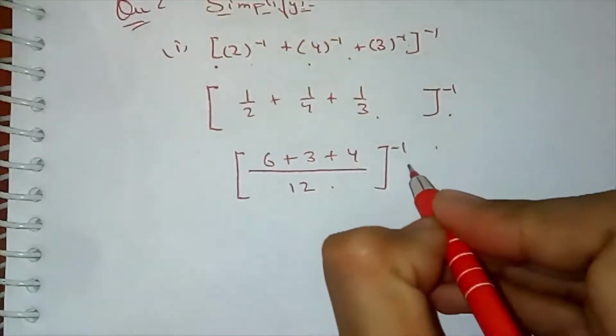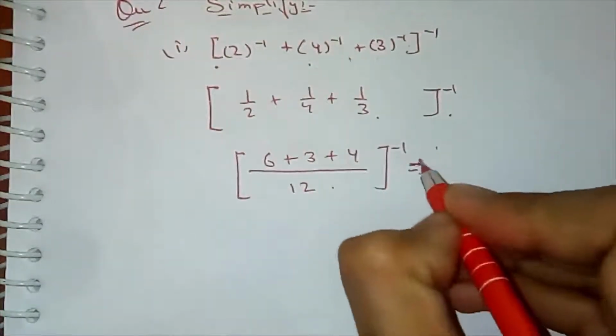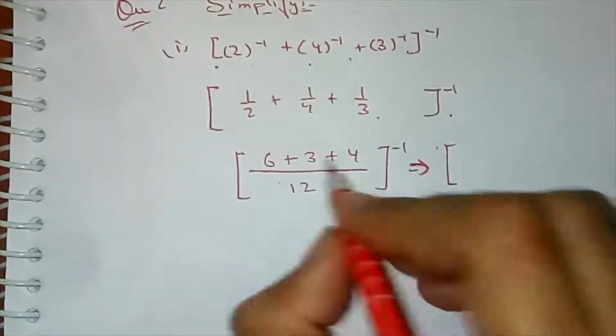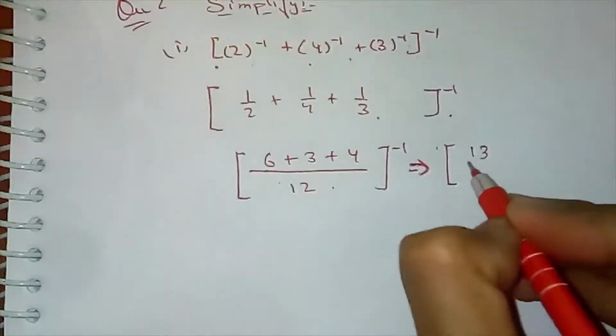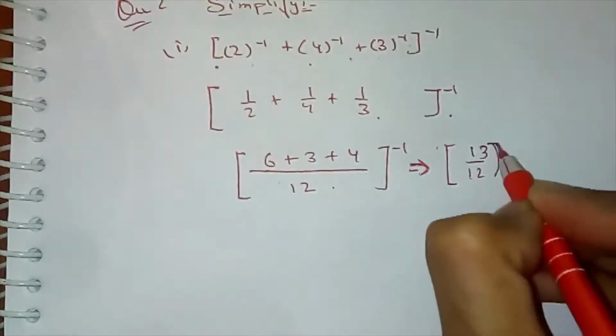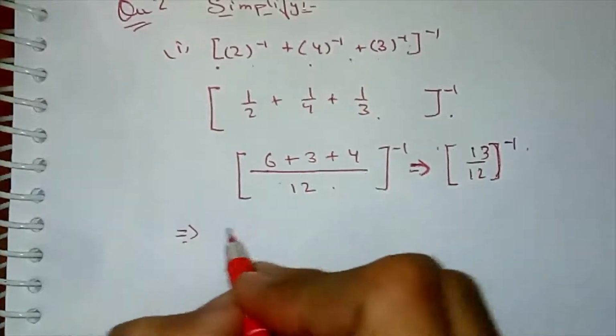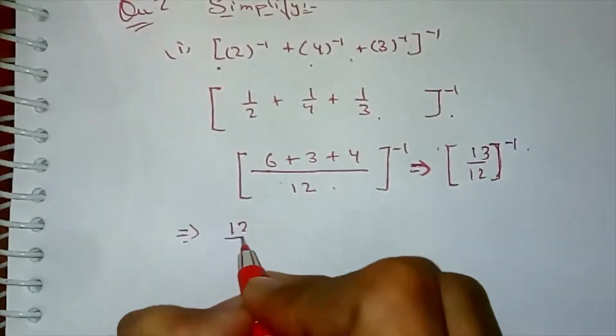So further we will write it as 6 plus 3 plus 4 is 13 upon 12 to the power minus 1. So the answer of this will be 12 upon 13.